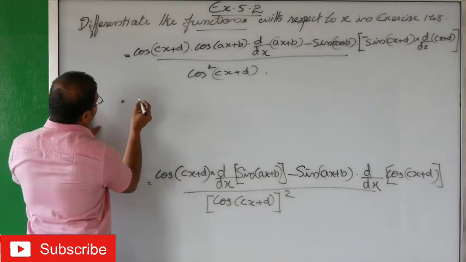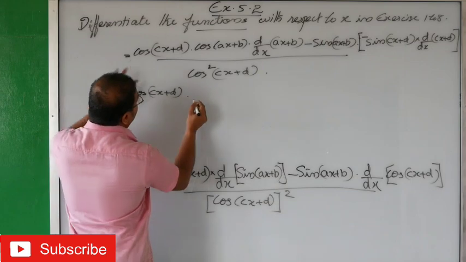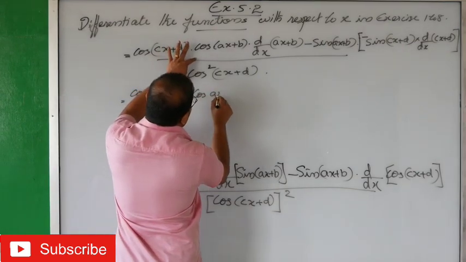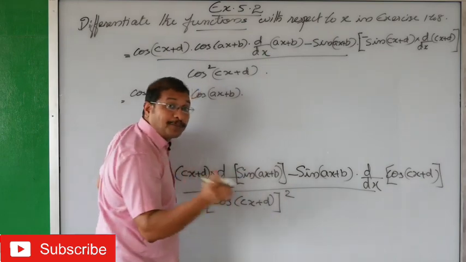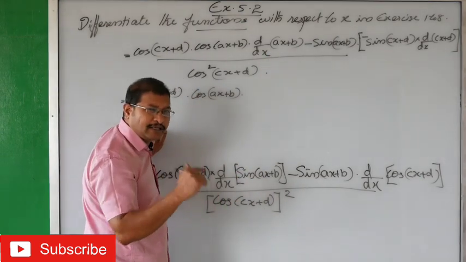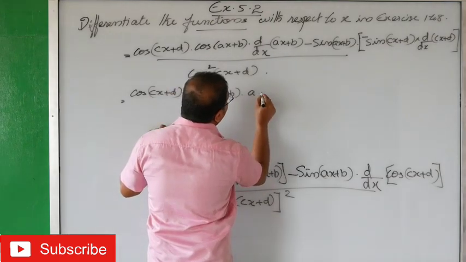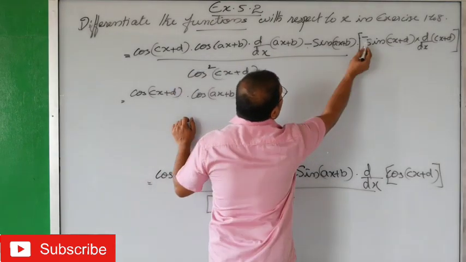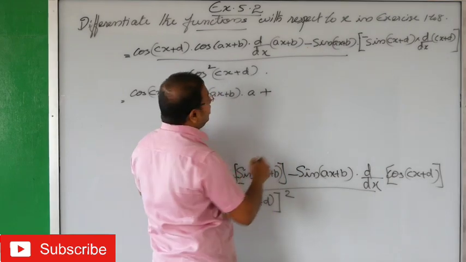Ready? Equals cos cx plus d into cos ax plus b into derivative of x plus b, derivative of constant into x, constant. That means what you will get? You will get a. Now minus into minus, see, minus into minus plus. Ready?